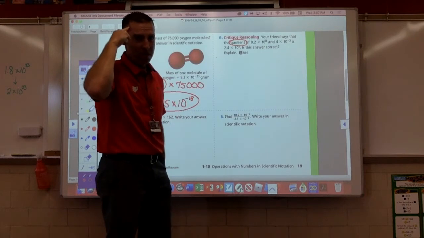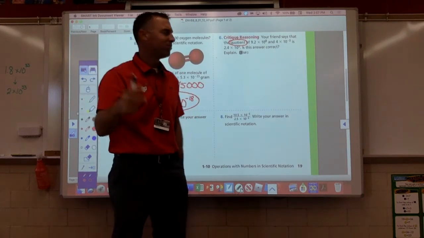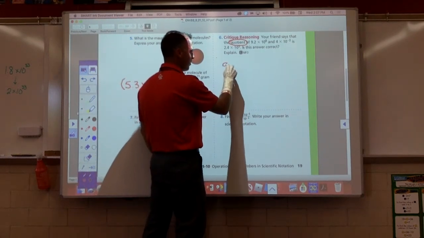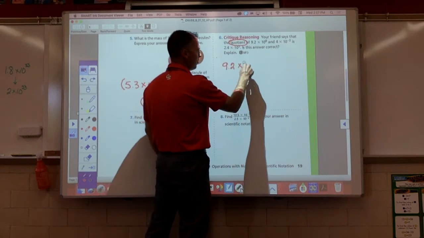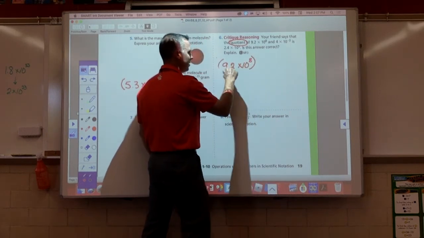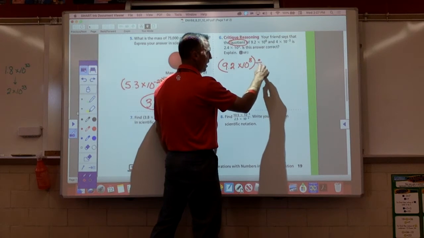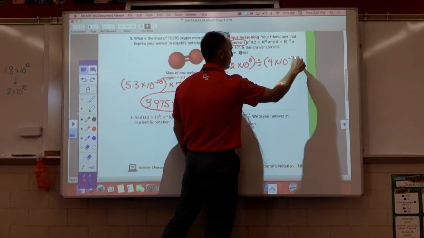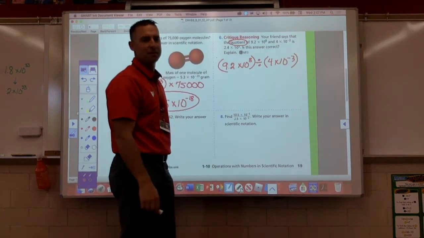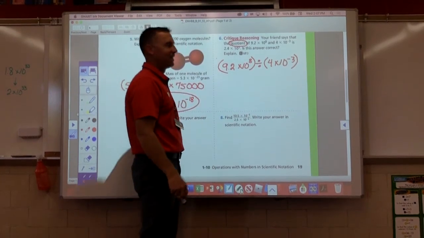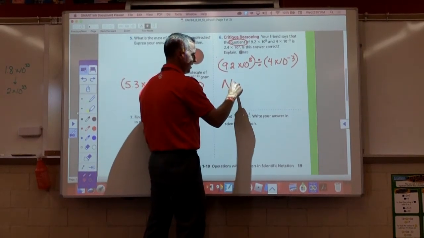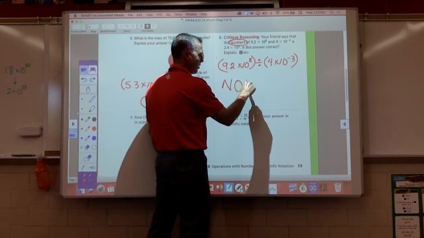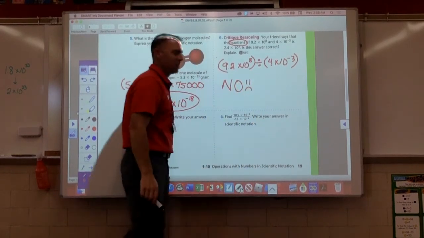Some of you may be thinking quotient, that's the answer to a division problem. So you need to take 9.2 times 10 to the 8th power and divide it by 4 times 10 to the negative 3rd. Is she correct? Didn't think so. Say no. She is not correct.